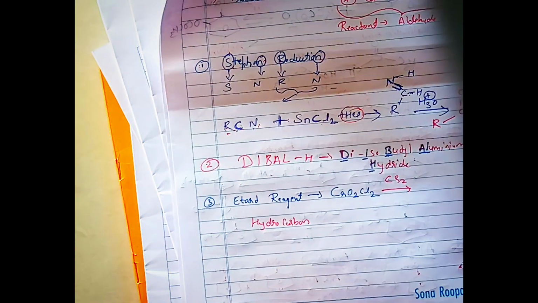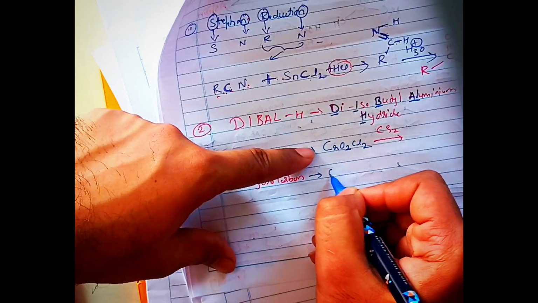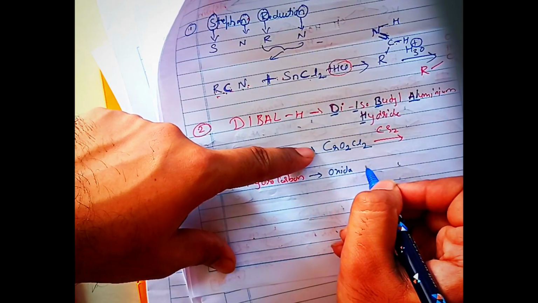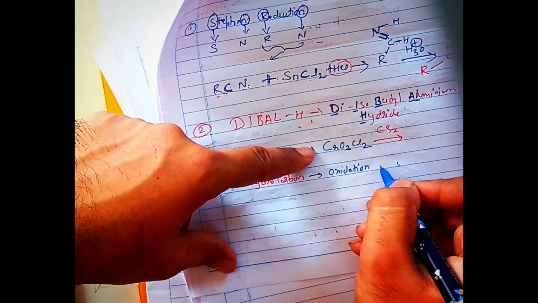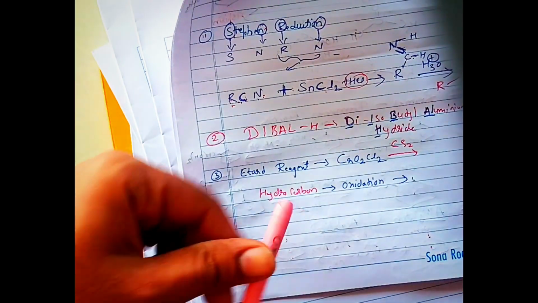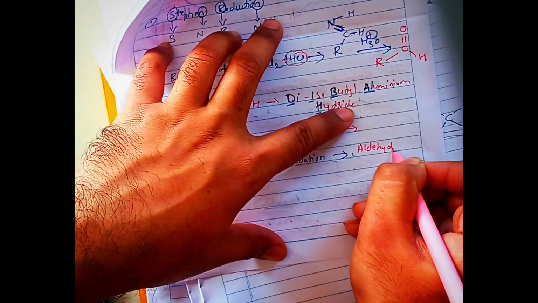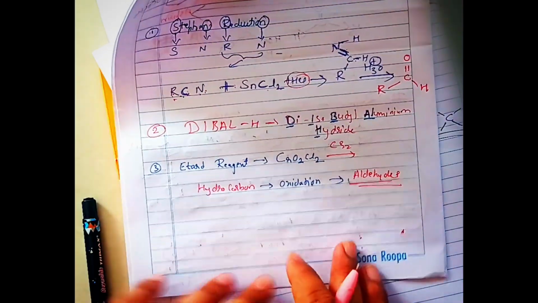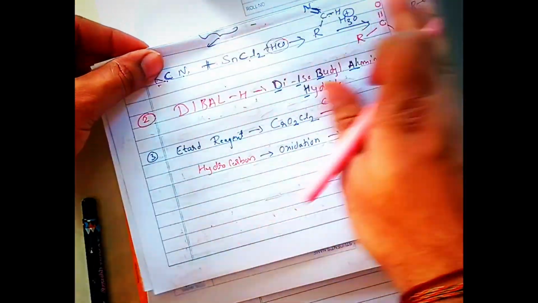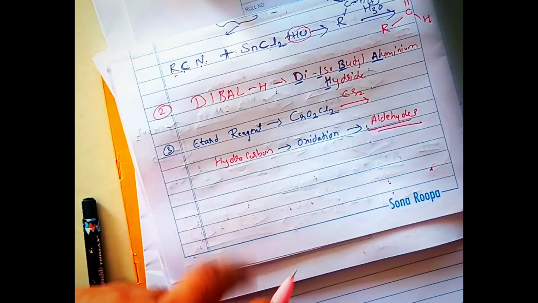For example, you can take toluene. The hydrocarbon is oxidized to get aldehydes. Okay, like this you have to make notes. Etard reagent: hydrocarbons are oxidized to get aldehydes.